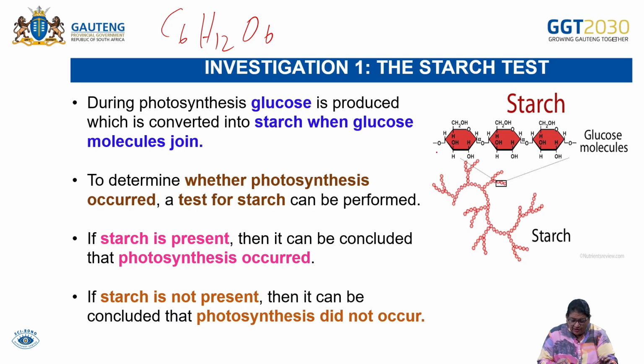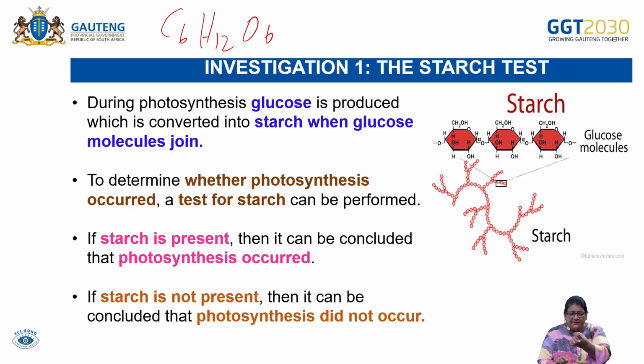And this is how glucose actually looks. It's a hexagonal shape with all your carbons, oxygens and hydrogens in that ratio, and they must join by removing water. The H and O from the one group join with the H from the other group. Your hydrogen joins with your hydroxyl group.